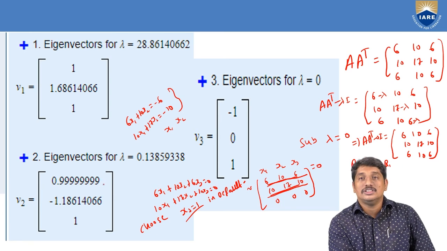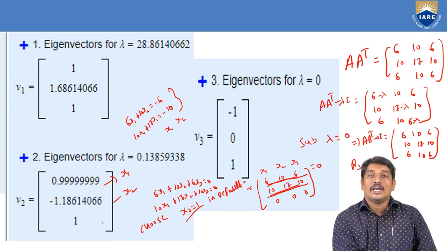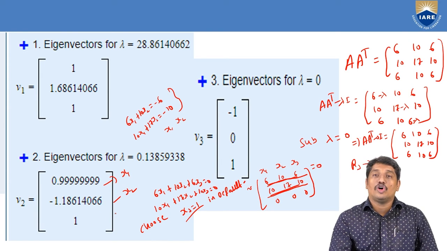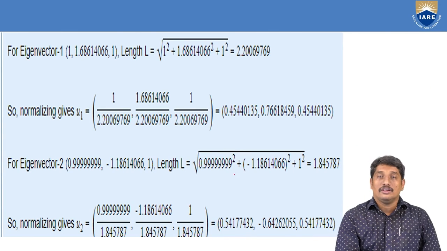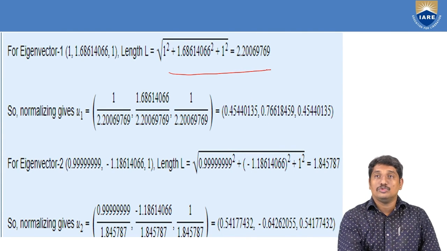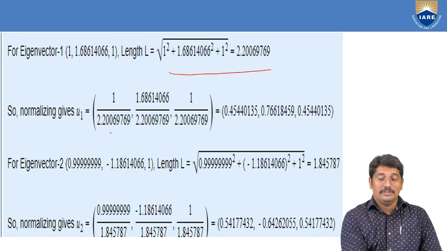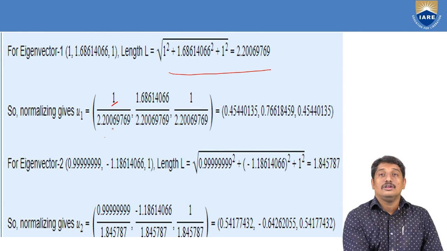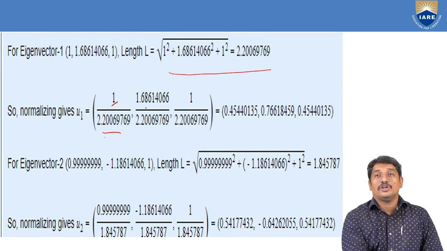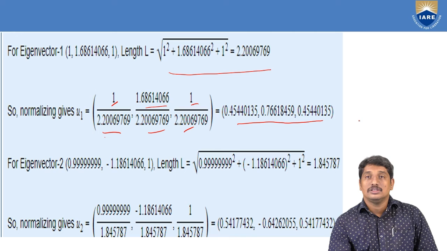Good. Here you can see this is our x1, this is our x2. We can calculate the norm of this vector, and by normalizing, here we are calculating the norm 2.2006, and by dividing every component with the norm, we get the normalized eigenvector.